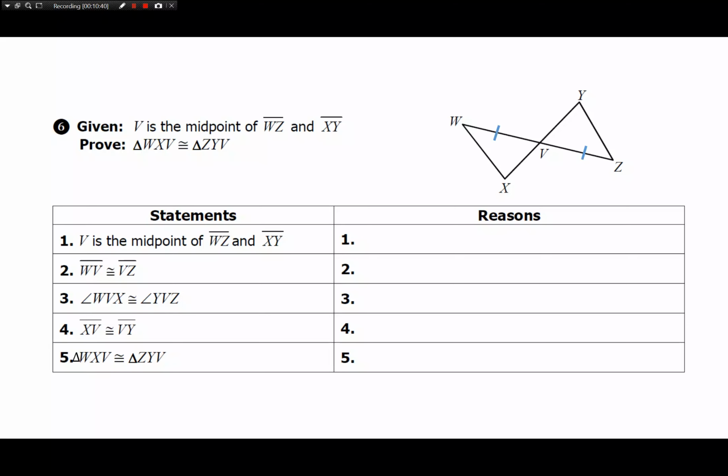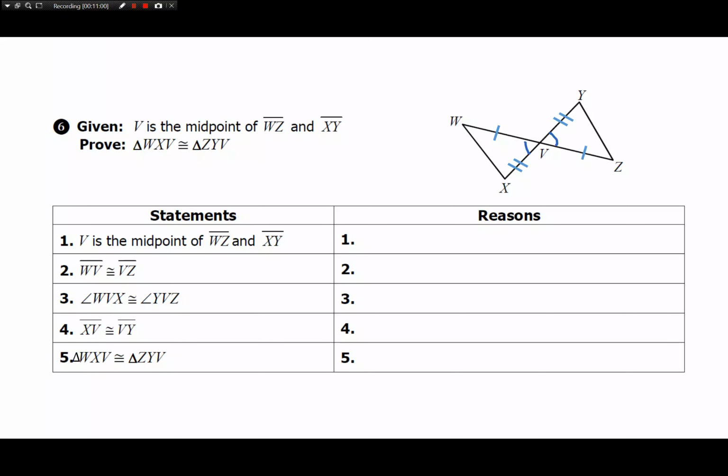Also, V being the midpoint of XY tells me that XV would be the same as VY. Now, there's one other thing that we can get from the picture, and we have two lines intersecting, so the angles across from them have to be congruent because they are vertical angles.